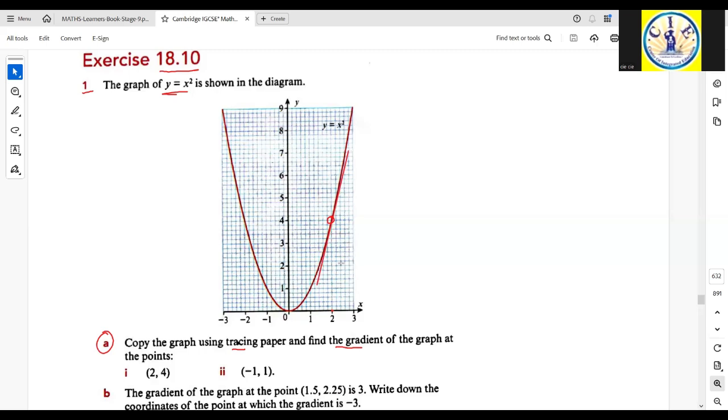Now to calculate its gradient, what do we need to do? We know that the formula for the gradient is vertical change divided by the horizontal change.